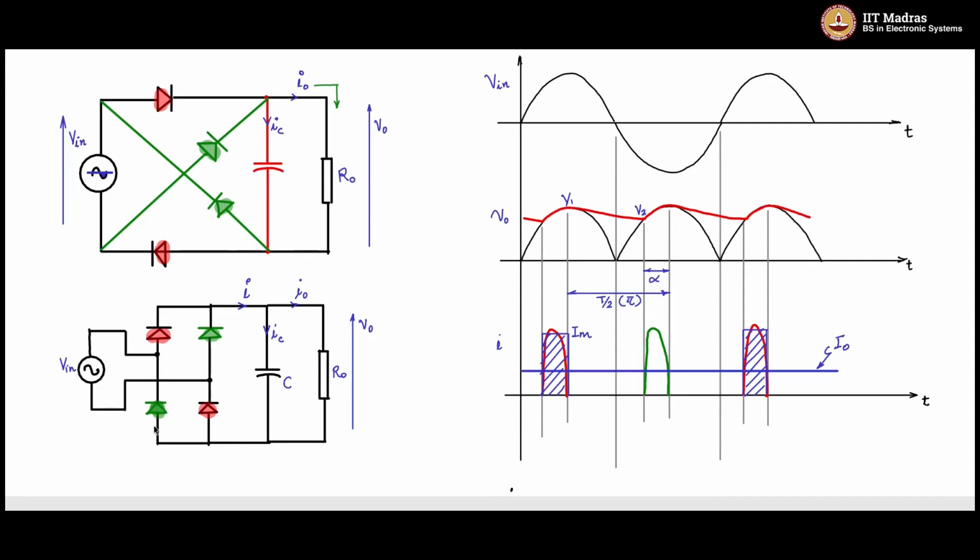When the green diodes are conducting, the red diodes will again see max Vm. So it should be just greater than the max of the input voltage, which is V1 in this case.